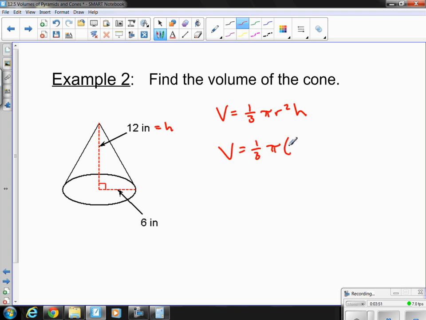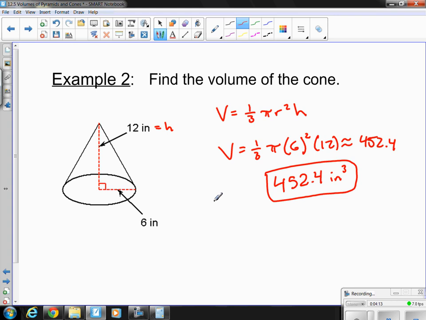I already know my radius, it's not my diameter. Make sure you have the radius, times 12. And you can plug that into your calculator. And you get 452.4, and I'm saying there's that many cubic inches.